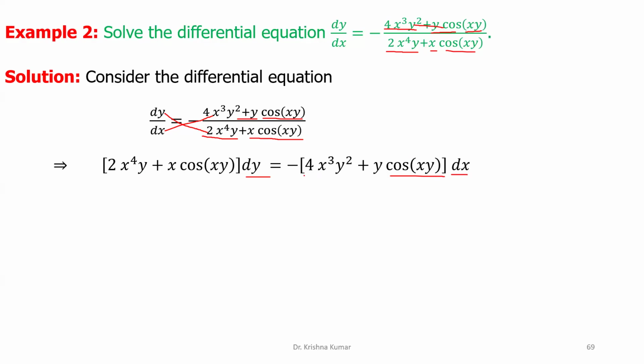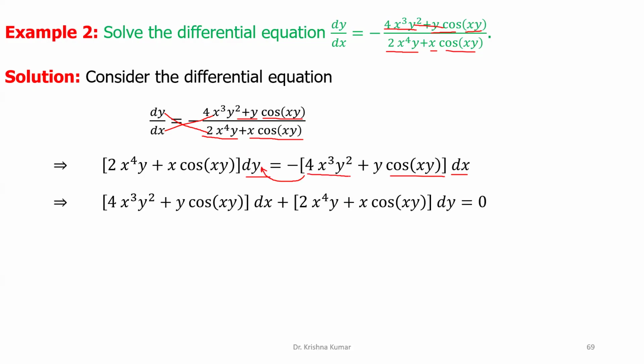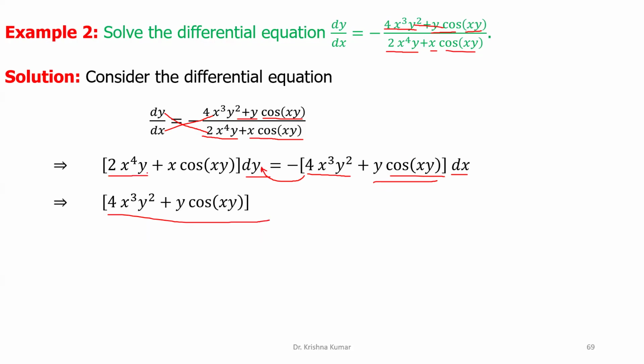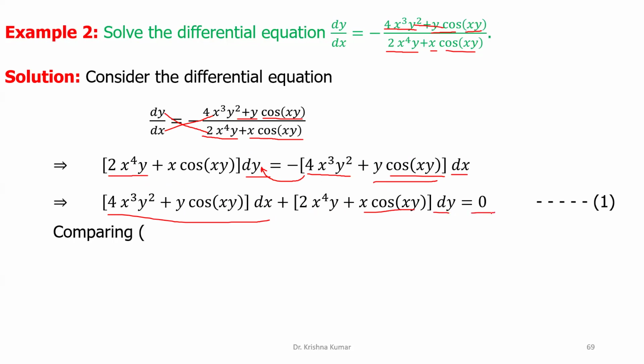Now let us transpose this to this side. So we have (4x³y² + y cos xy) dx + (2x⁴y + x cos xy) dy equal to 0.